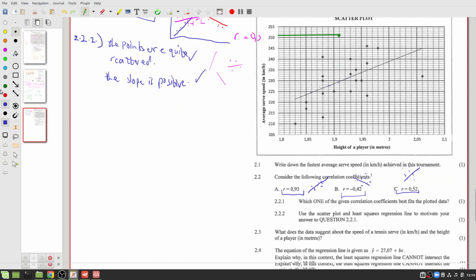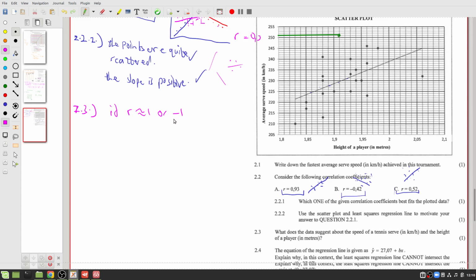Let's switch colors again. 2.3. What does the data suggest about the speed of a tennis serve and the height of the player? If R is close to 1 or to -1, then we know it's a very good predictor.